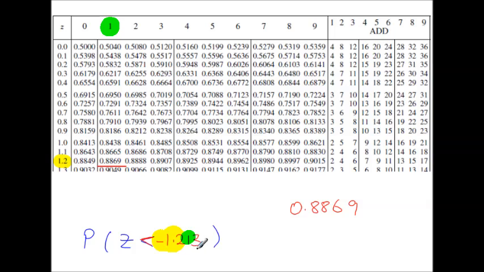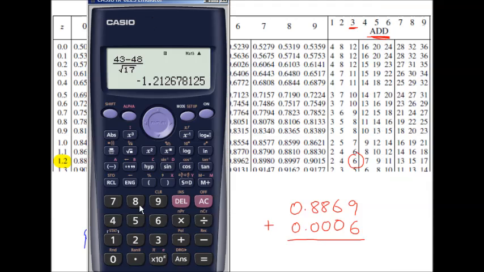And then the third decimal point is 3. And that's this value that we have to add on. Okay, so we have to add on 6, like this. You can put the zeros in, just add that together. Okay, so 8869 plus 6, and that gives 0.8875.